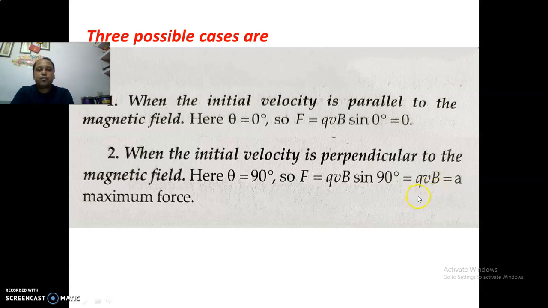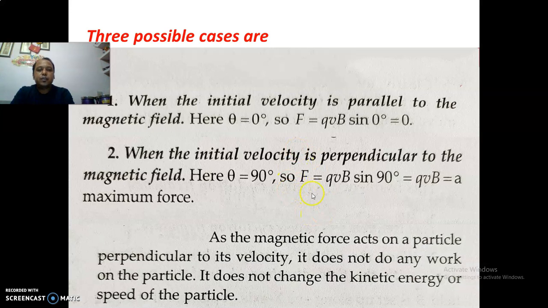This QvB represents the maximum force, and we get the maximum force when the charged particle has a velocity perpendicular to that of the magnetic field. Now you need to understand that force is always perpendicular to the velocity, because in Q V cross B, the velocity and the force are perpendicular to each other. And if they are perpendicular to each other, the work done can be calculated to be 0.